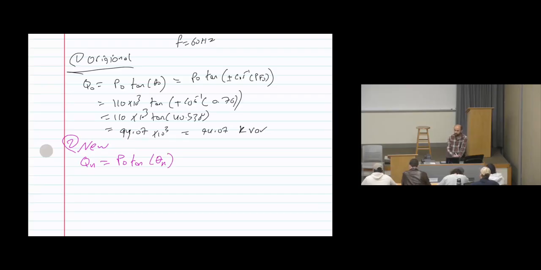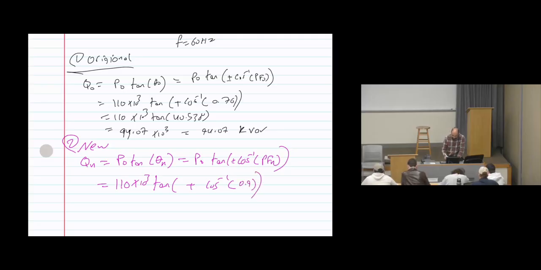So basically we will use the theta from the new power factor. So it will be PO tan of plus or minus cosine inverse of power factor new. Then substitute the values: 110 times 10 power 3 tan of positive cosine inverse of power factor new, which is 0.9. And it is lagging, that's why I make it positive.